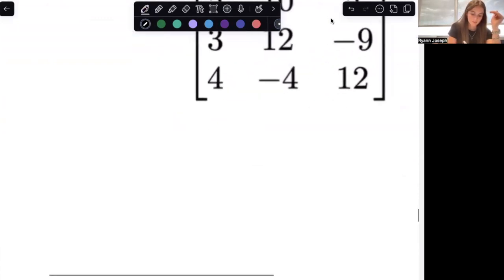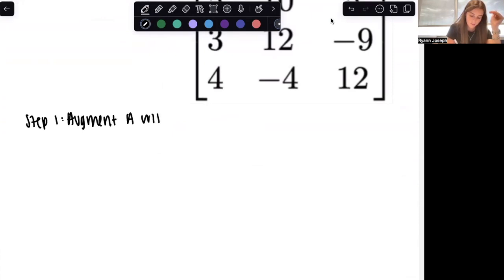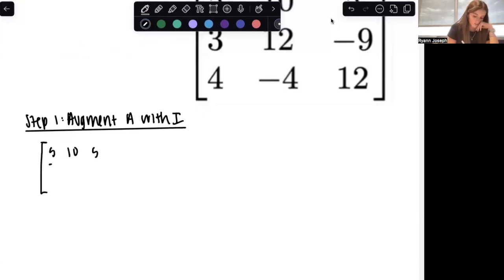So our first step is to augment A with I. The matrix is 5, 10, 5, 3, 12, -9, 4, -4, 12.